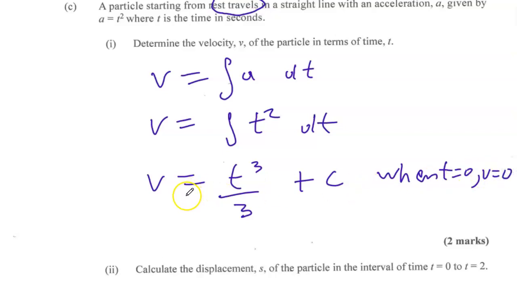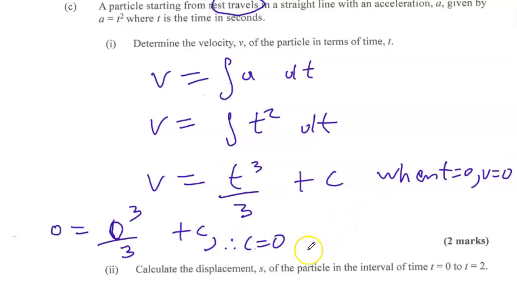So 0 equals 0 cubed over 3 plus c, replacing t and v with 0. So the constant is 0. Therefore v is simply t cubed over 3. So that's a function representing the velocity, in meters per second.